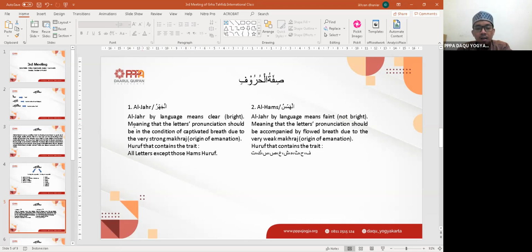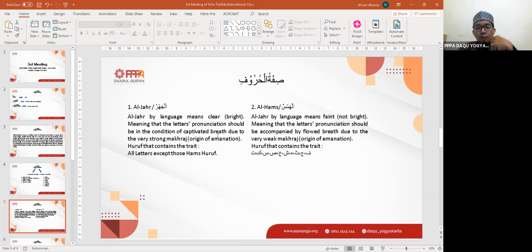I repeat again. Al-jahr by language means clear or bright, meaning that the letter's pronunciation should be in the condition of captivated breath due to the very strong makhraj or origin of emanation.